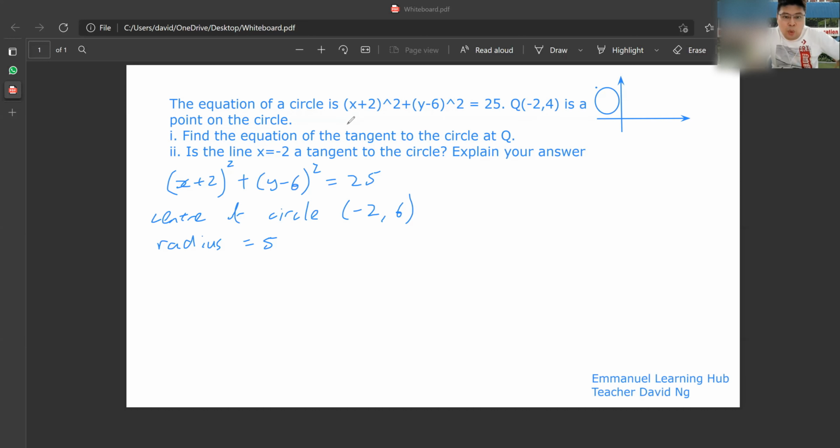It's a point on the circle. Find the equation of the tangent to the circle at Q. So you have the center of the circle, then you find the radius CQ.